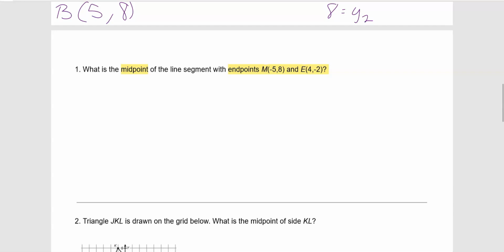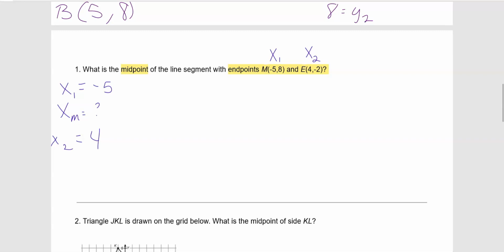So let's go ahead and solve for our x values. So we're going to have our x1, x2, and so let's go ahead and make that list. So we have x1 equals -5. X of the midpoint is still unknown, and x2 is 4.